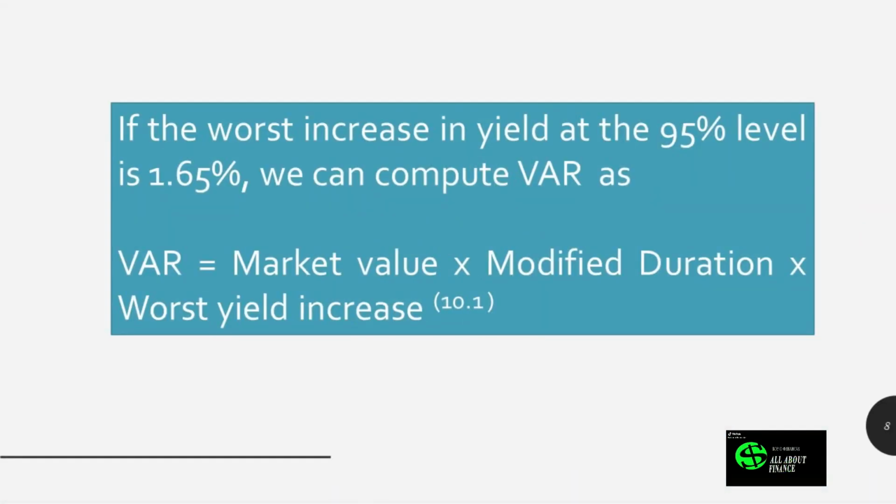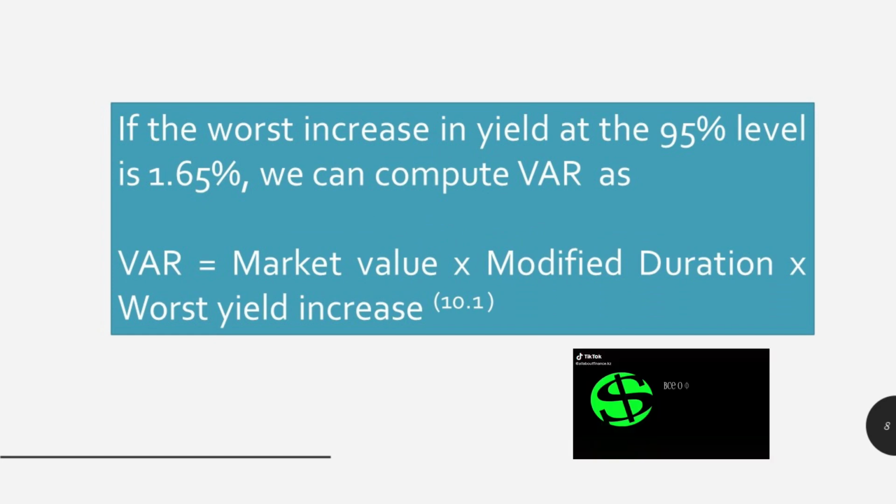Okay, if the worst increase in yield at the 95% level is 1.65%, we can compute VaR as VaR equals market value multiplied by modified duration multiplied by worst yield increase.